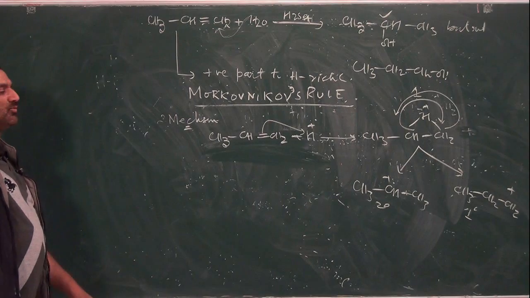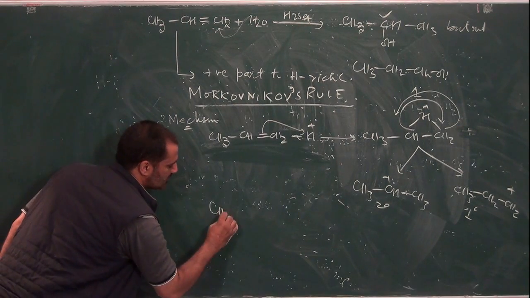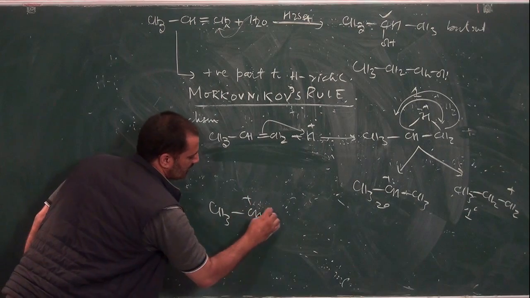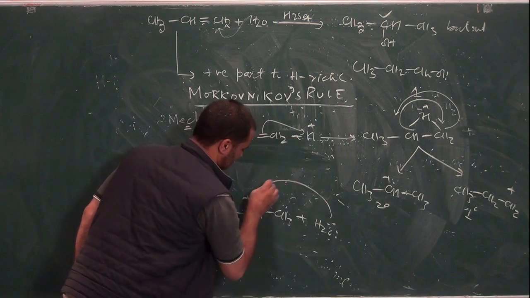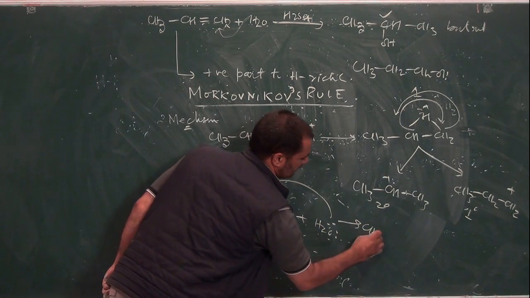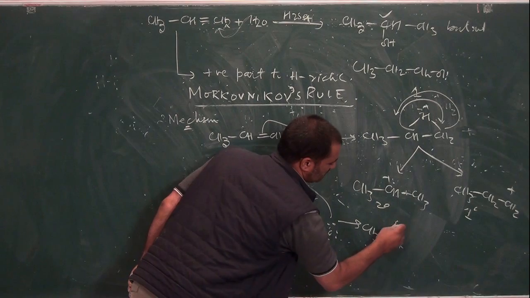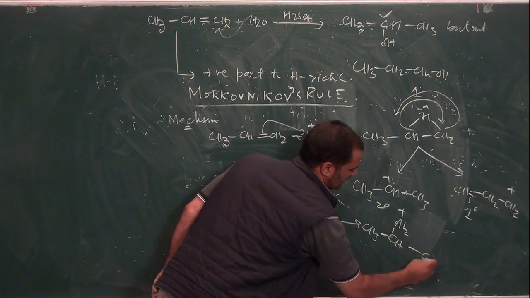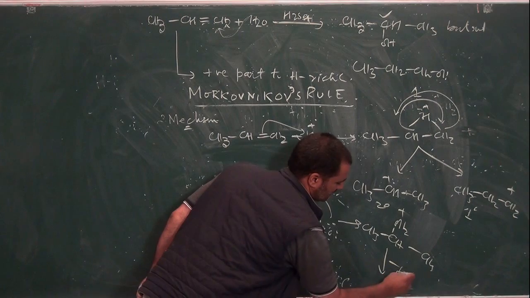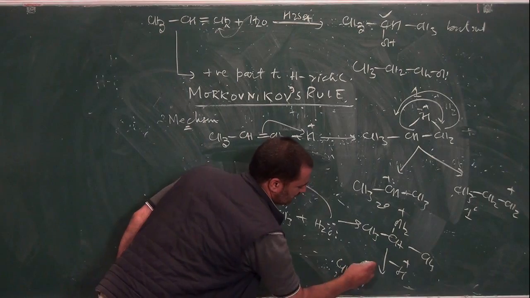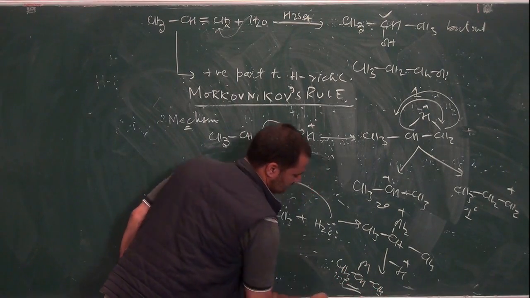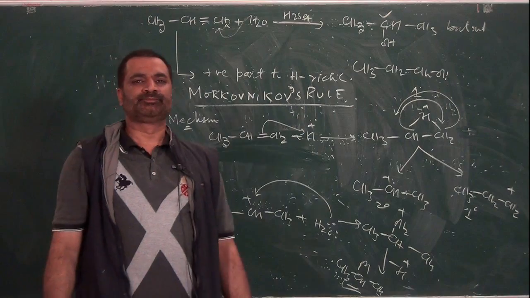The secondary carbocation is more stable. On this secondary carbocation the nucleophile, water, attacks. It will form CH3CHOH2 positive CH3. Then there is proton loss and it forms CH3CHOHCH3. So a secondary alcohol is formed.